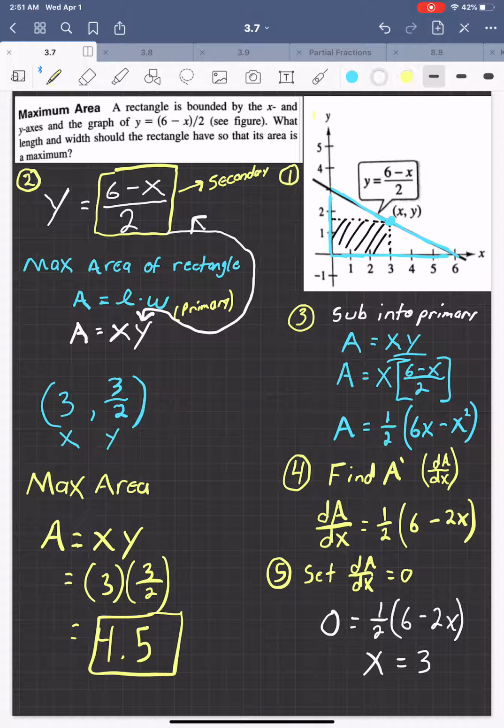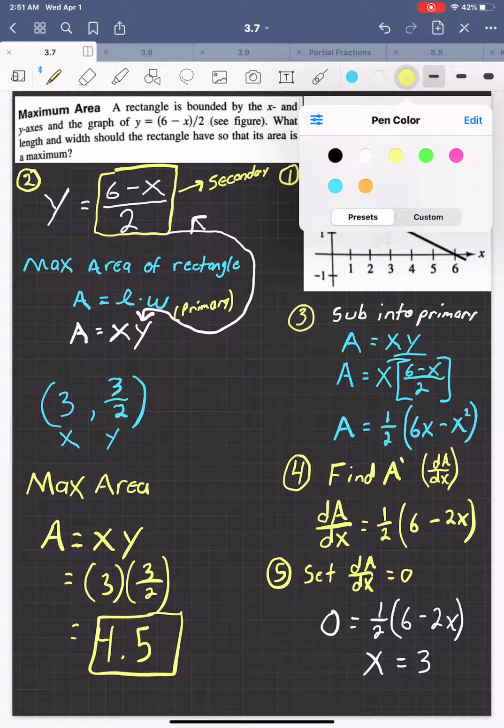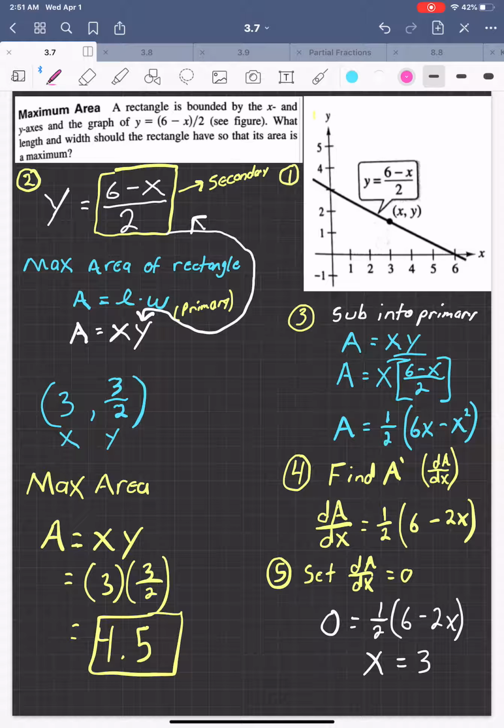So let me make sure you understand why I didn't even waste my time with the endpoints. Let me go ahead and erase all of this. Can you and I agree that the minimum value of x to be bounded would be 0, right?